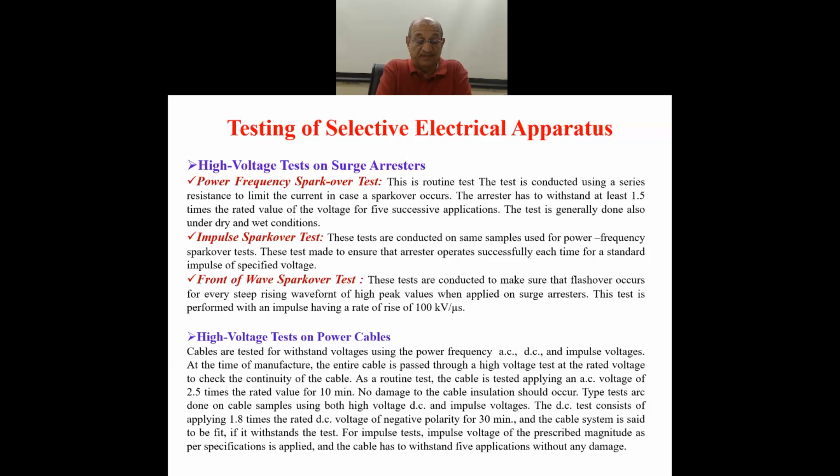This test is performed with an impulse having a rate of rise of 100 kV per microsecond. In 1 microsecond, the pulse rises to 100 kV, which is a very fast wavefront pulse. These tests are conducted to make sure that the flashover occurs for every steep rising wavefront. Why?